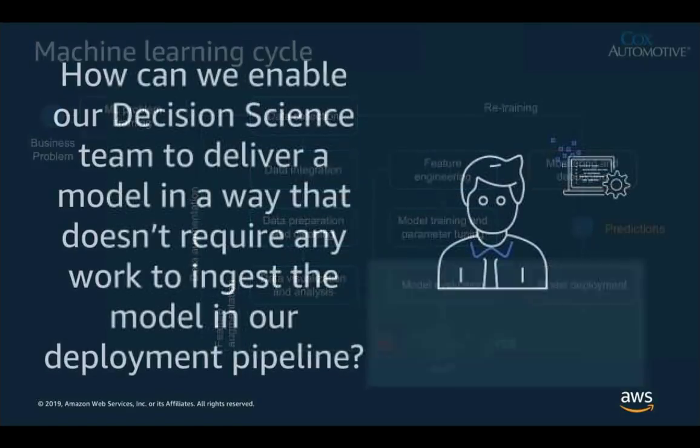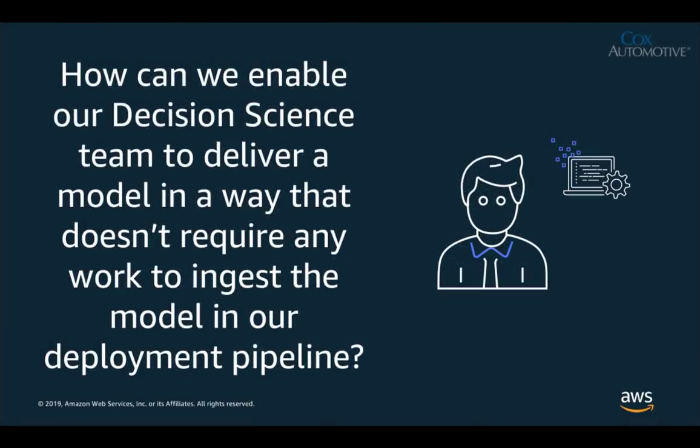But then the question is, how do we minimize the time that the data scientist or the decision science team, as they call them, spend on ops? That team should only be working on models and evaluating models.